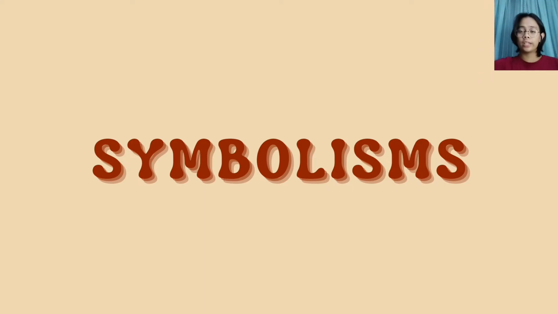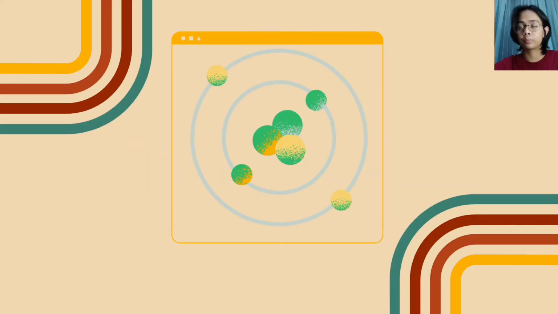At this point, I will be explaining the symbolisms behind each of the elements I have included in the logo. And firstly, we have this atomic model, which basically represents the identity of the College of Science itself.